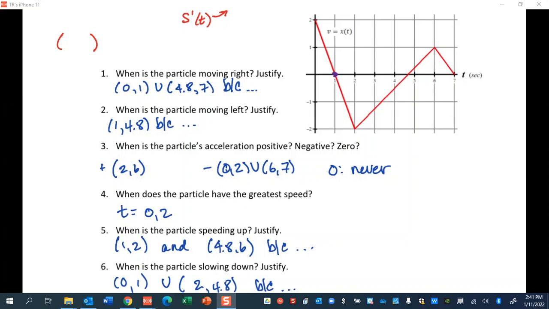The particle is speeding up when the signs match. Here. Speeding up. Here. Speeding up. When I have a positive velocity and a negative acceleration, think of that frog going up in the air. It's losing its speed. It's getting slower and slower, right?